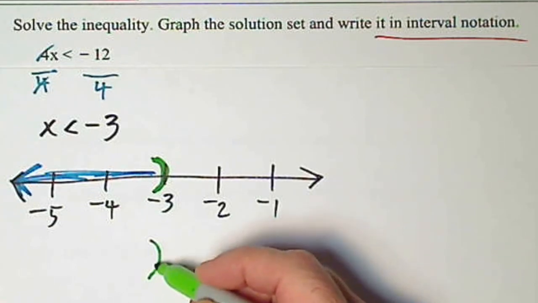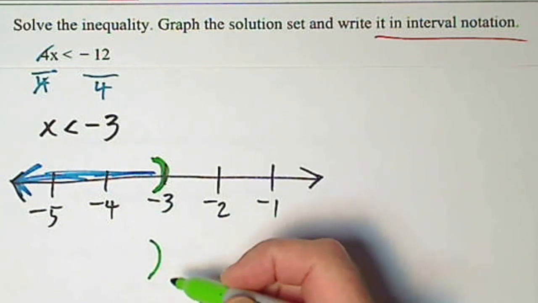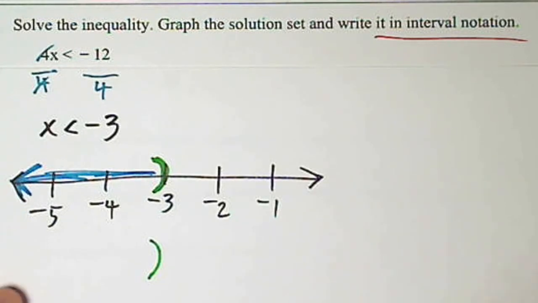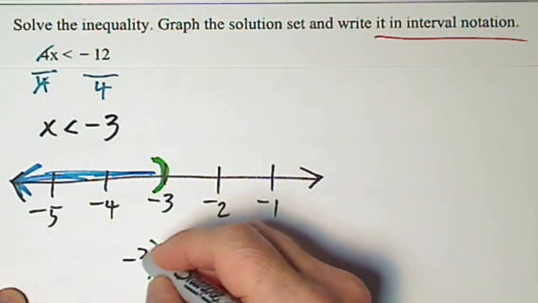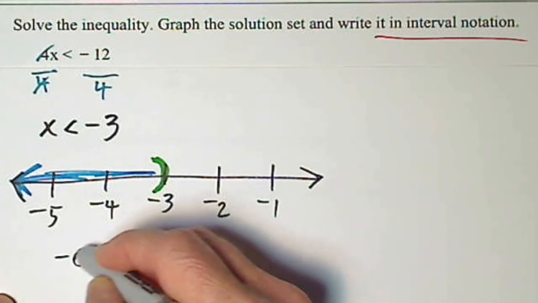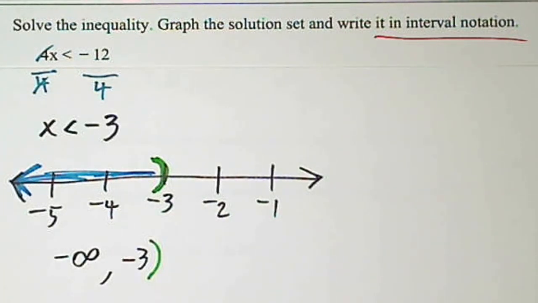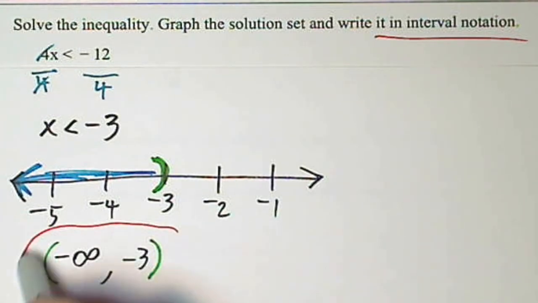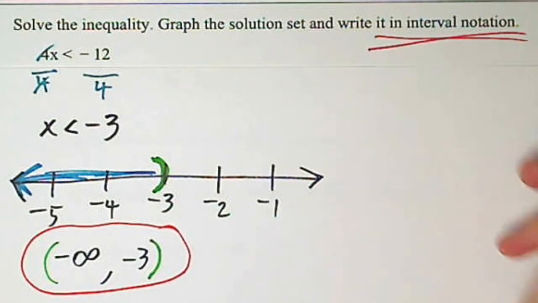This indicates it's never equal to -3, but it gets very close. And it goes out to -infinity. And again, you can never touch the infinity. That's why you always have to use parentheses. So this is our interval notation.